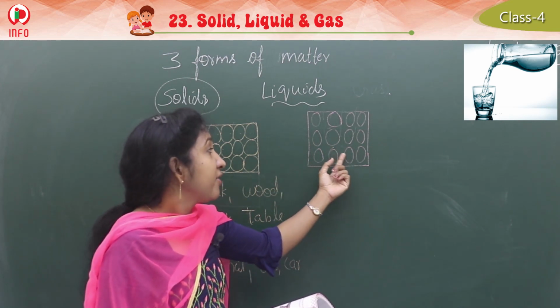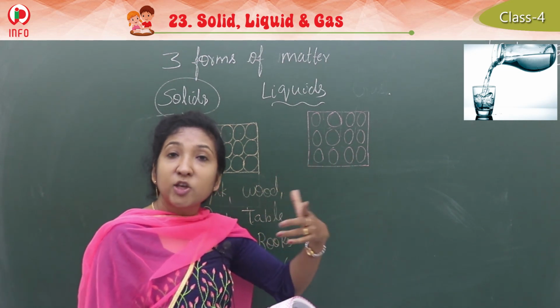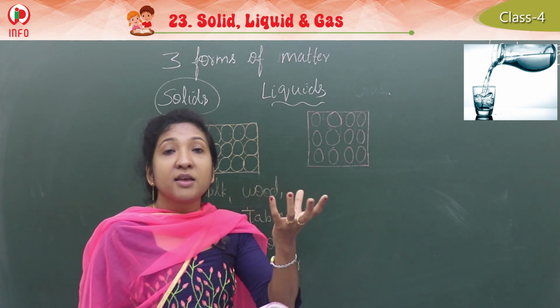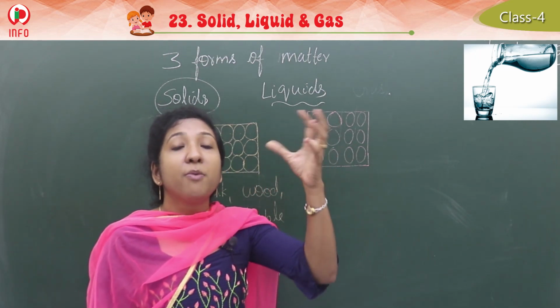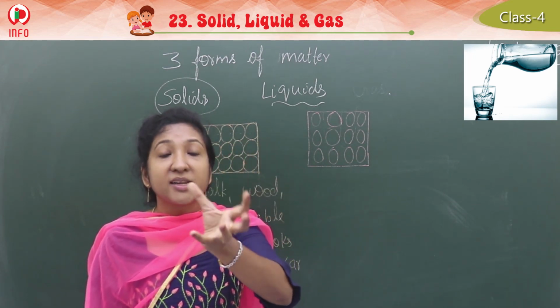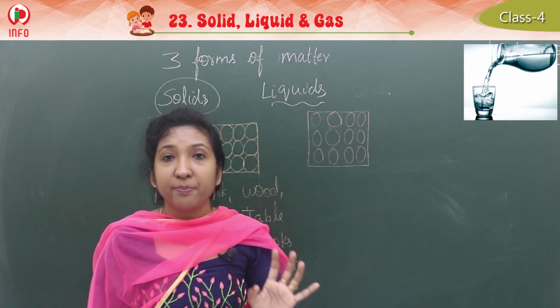The space it occupies, the volume, stays the same, and it takes the shape of the container. When we pour water into a container, it takes the shape of the container.